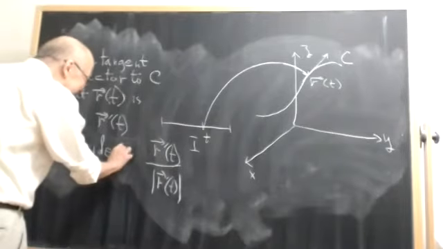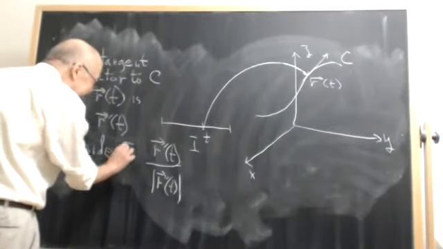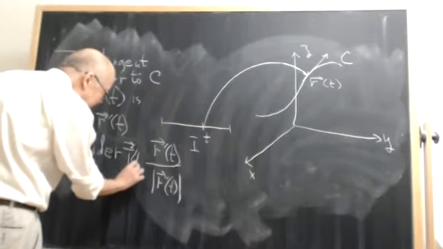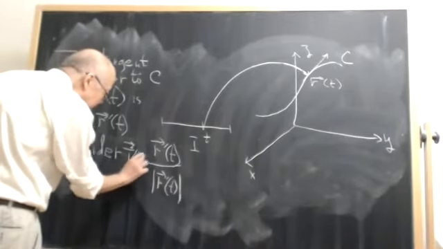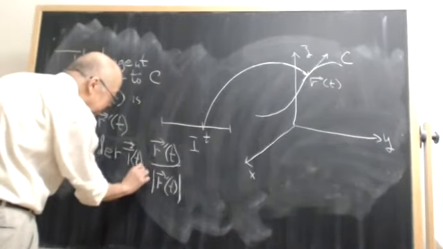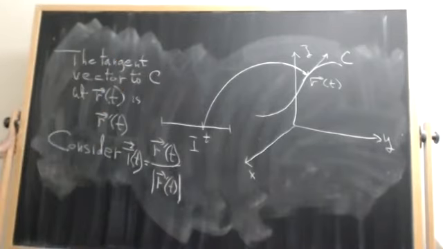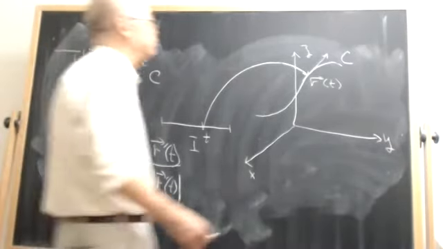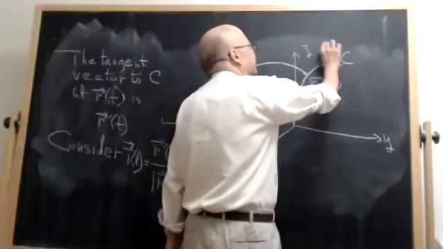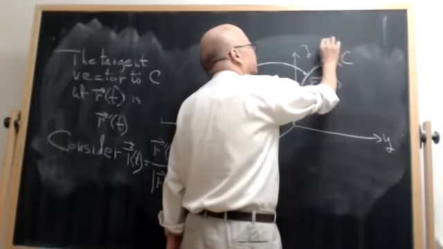So I am going to denote this by T of t. Okay. So it's actually a unit vector. Let's say this is T of t. It has been normalized.